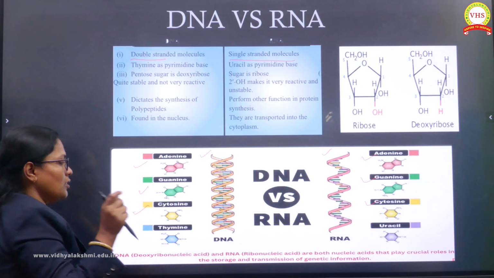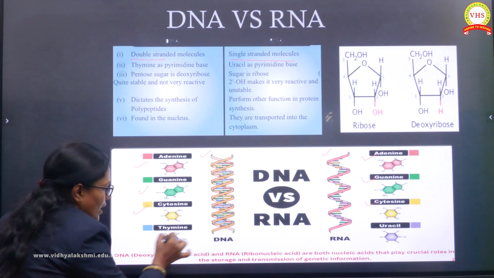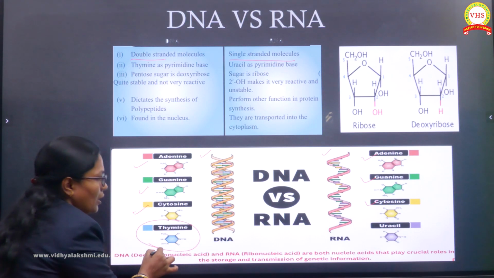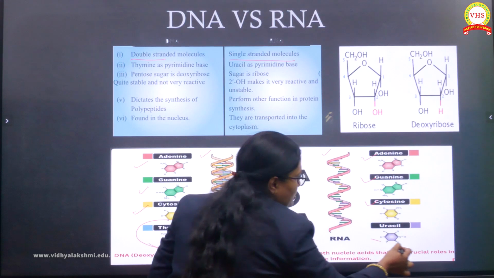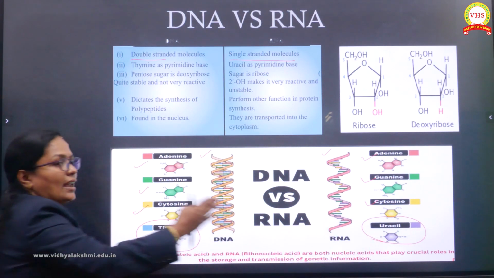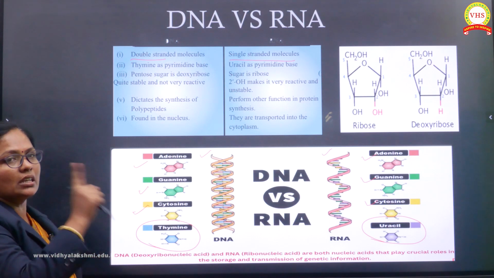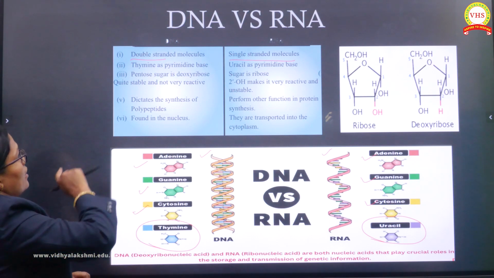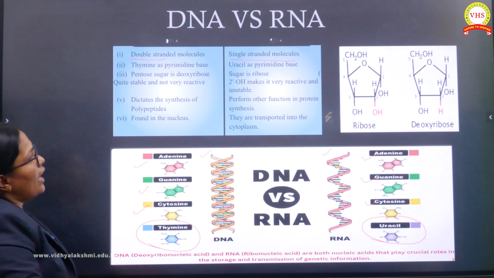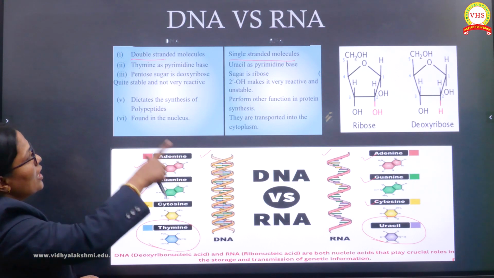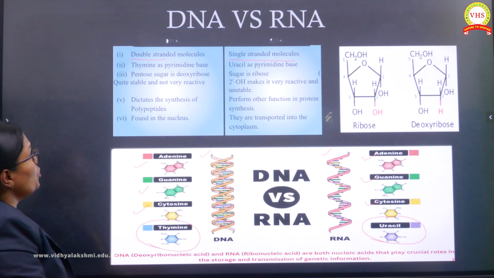But see the difference: DNA is made with thymine, whereas RNA is made with uracil. That makes the difference. The first difference is double-stranded versus single-stranded. The second difference is DNA is made with thymine, whereas RNA is made with uracil.